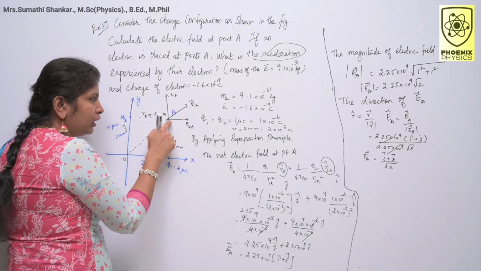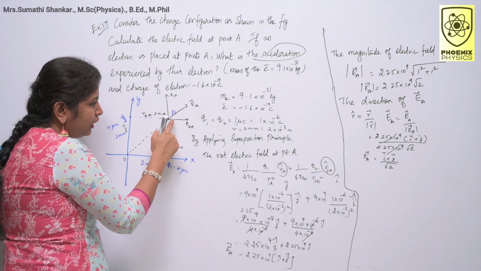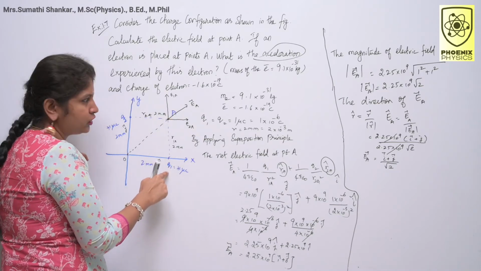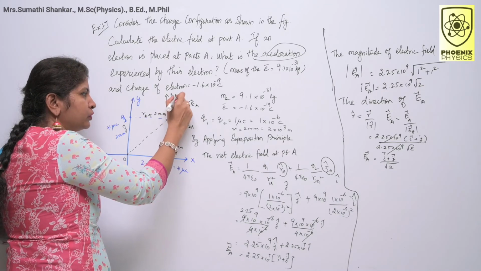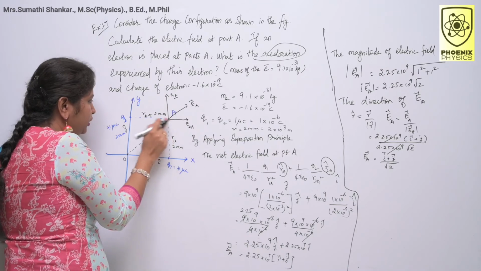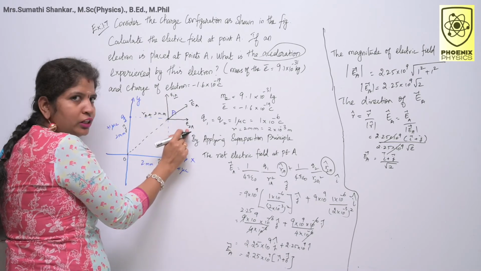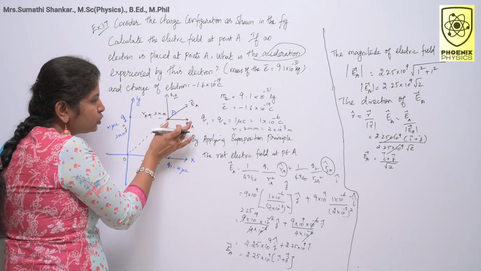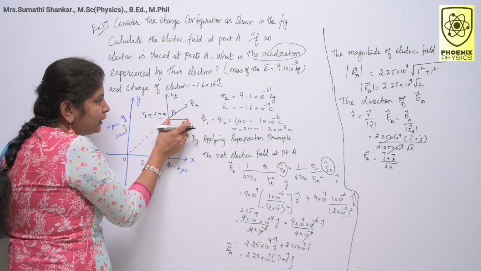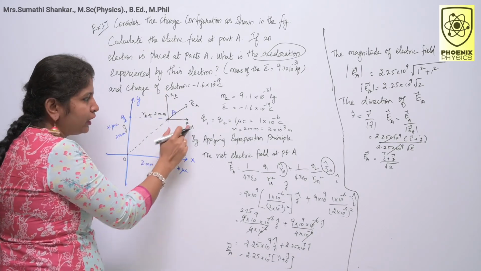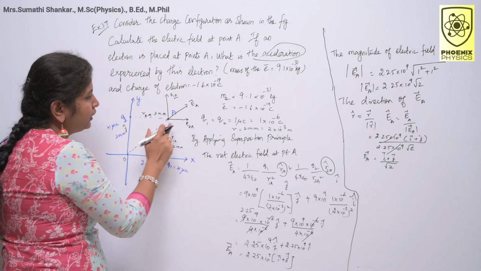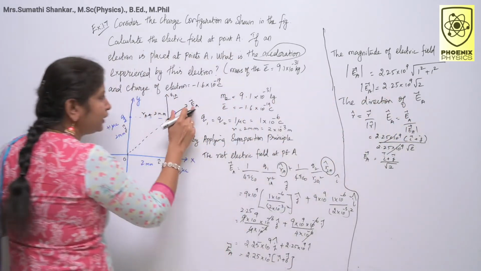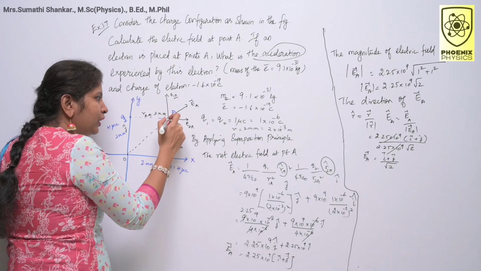Then how do you mark this EA? This is my A point. Electric field at point A due to charge Q1 is E1A. Electric field at point A due to charge Q2 is E2A, because both are at equal distance from A. That is why I have drawn the lengths of E1A and E2A like this. Then the resultant electric field at A is like this.